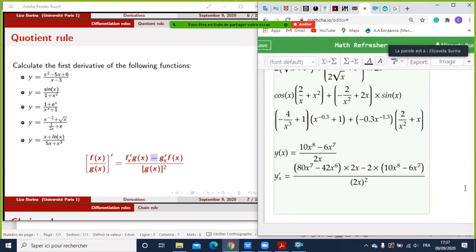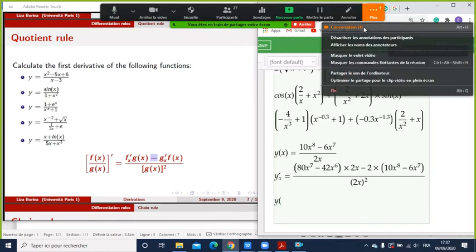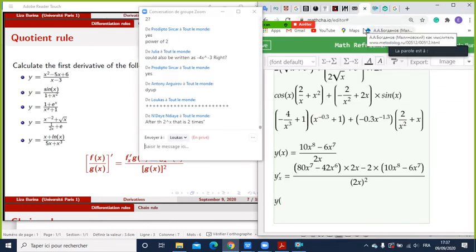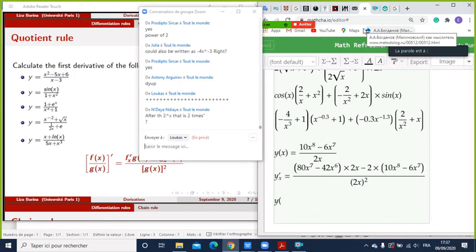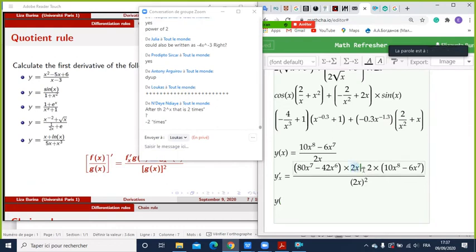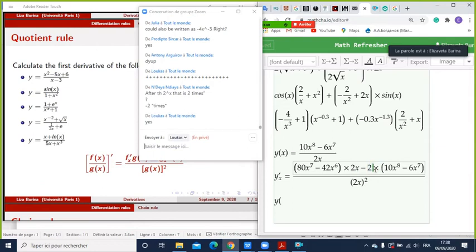Another one, last one, and then I leave it to you. After 2 to the power of x, after 2x, minus 2 times, yes.